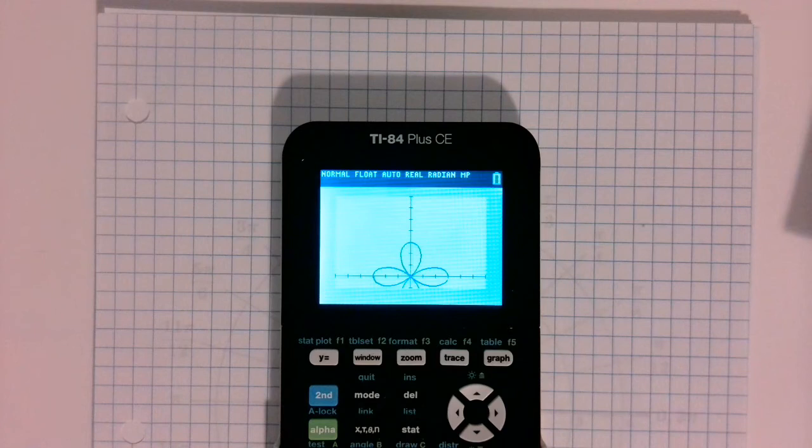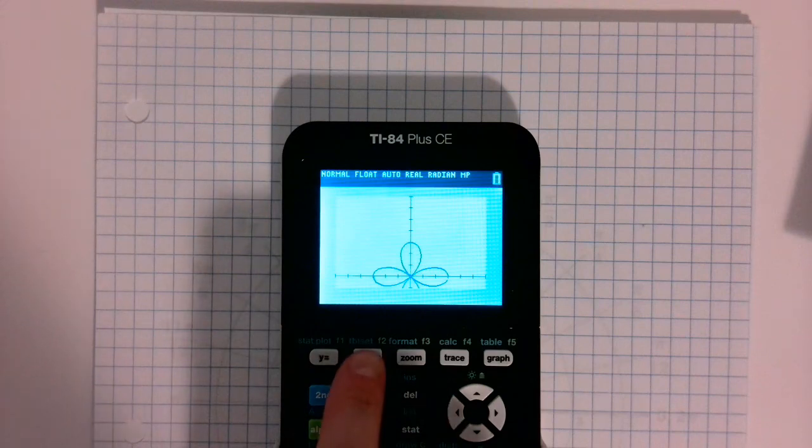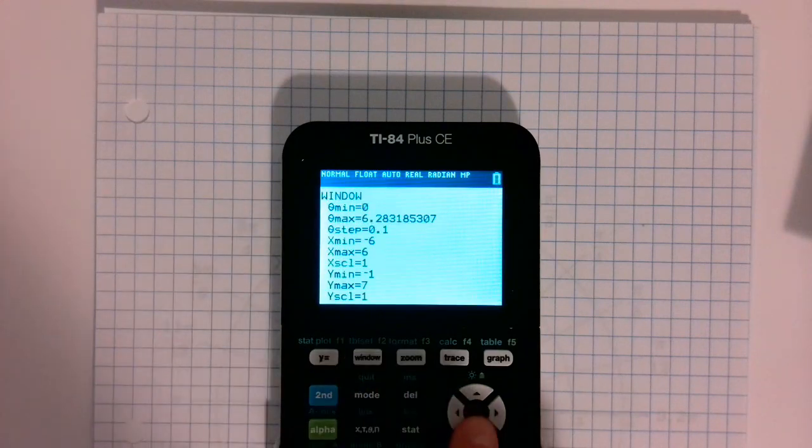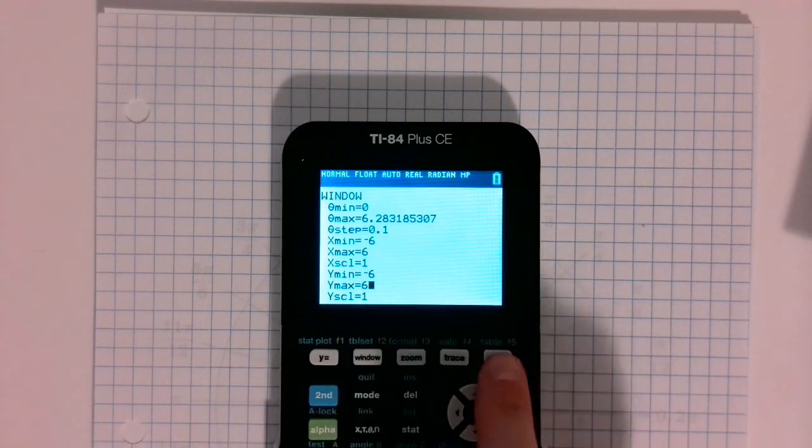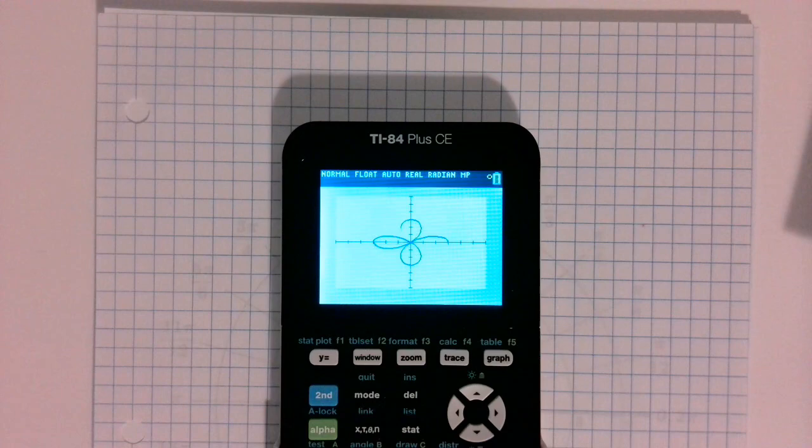All right. So we can see that we have something that's very curved. Now, I must have plugged in something wrong because we don't see the whole window. Oh, you know what? I'm sorry. The y min and max. We can change that as well. Let's do just -6 and +6. Let's just mirror what we had for the x's. Now let's go ahead and graph so you can see the whole thing.